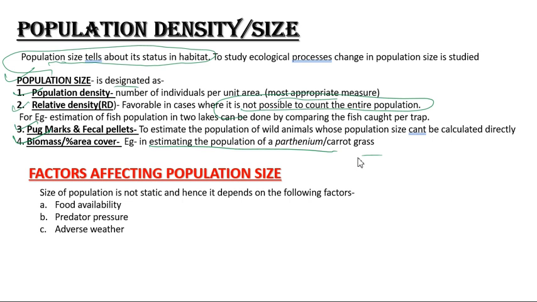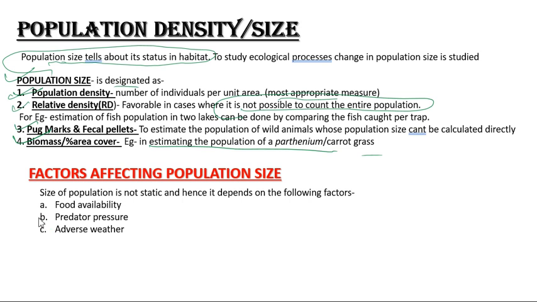The more the extent, the higher the biomass cover or the percentage area cover, okay? In this way, we can estimate the population size. But keep in mind, the best and most appropriate method is still the population density. In case we can't estimate the population because of large population size and all, then we will adopt the rest of these methods, okay?